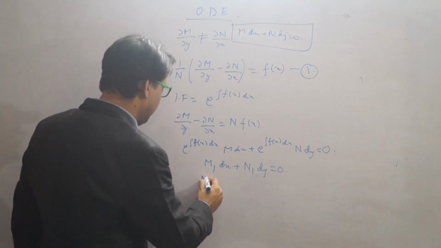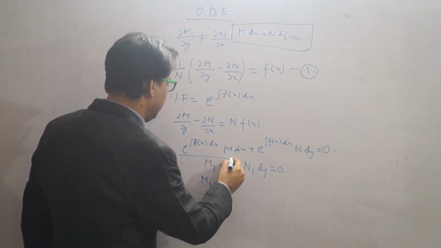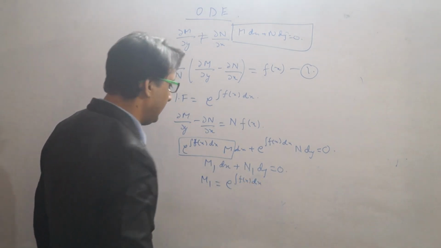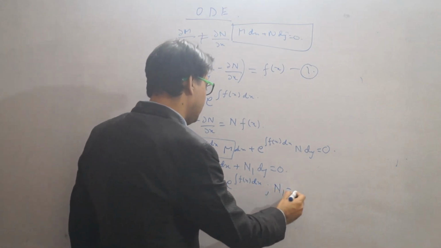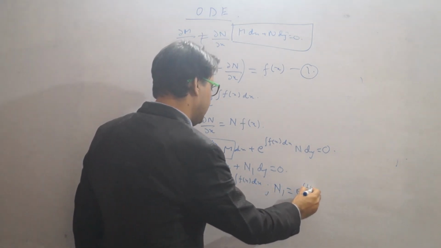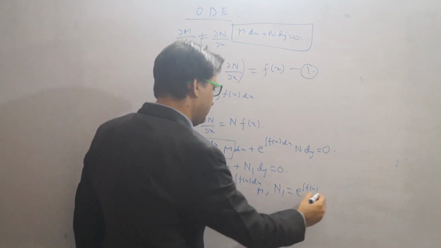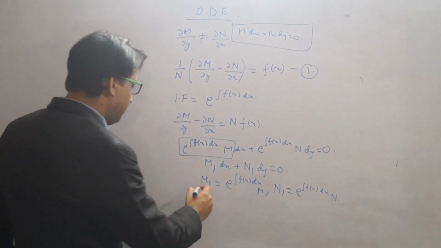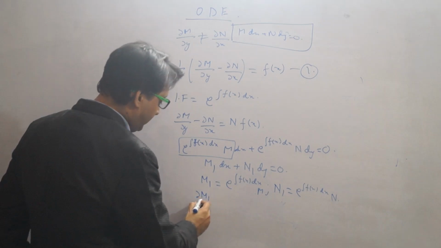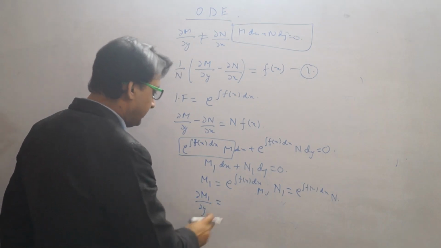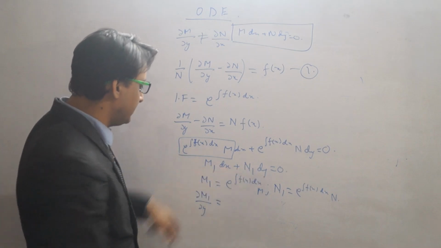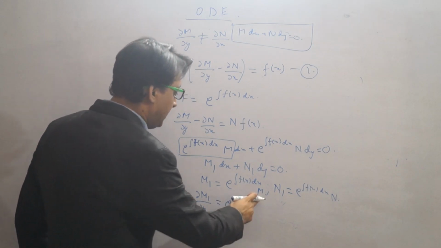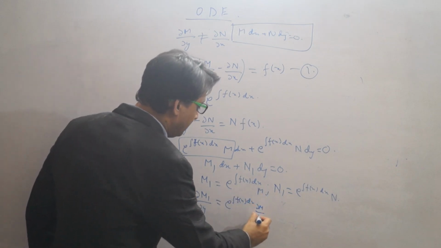Here M1 is e to the power integral f(x) dx times M, and N1 is e to the power integral f(x) dx times N. Now all we are saying is that we will take the partial derivative ∂M1/∂y. So I keep this whole function as constant because it is devoid of y, but M is written as ∂M/∂y.